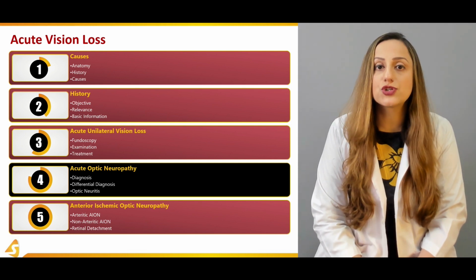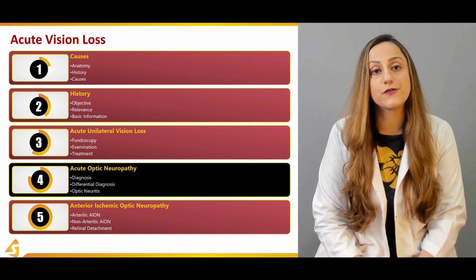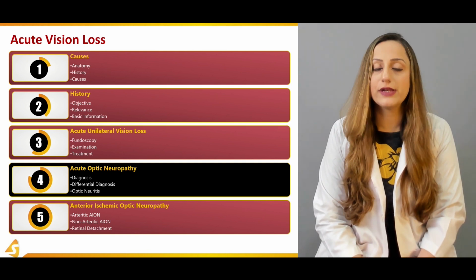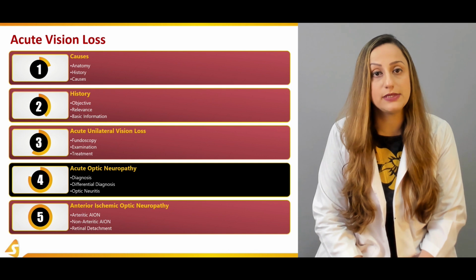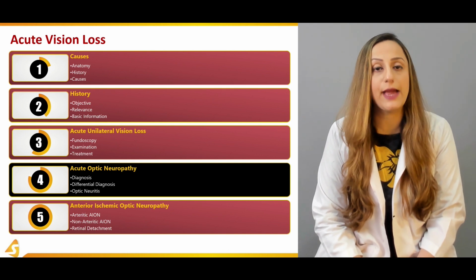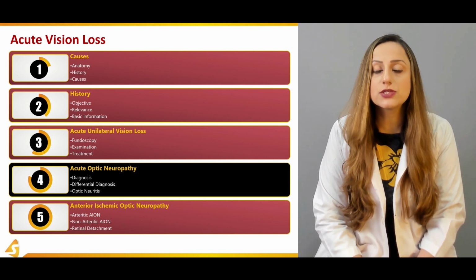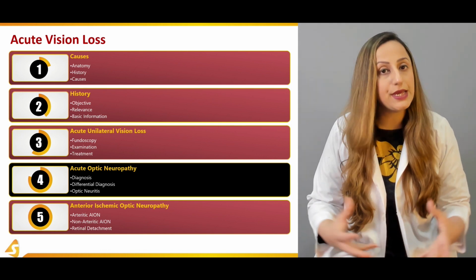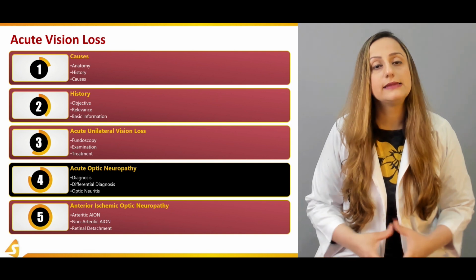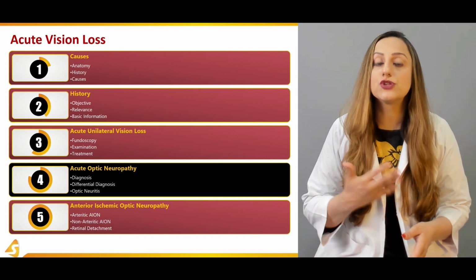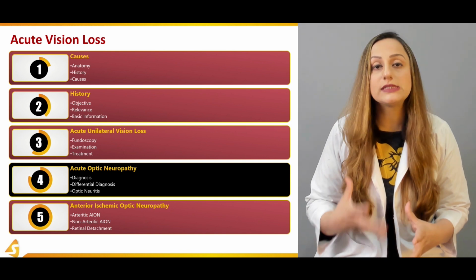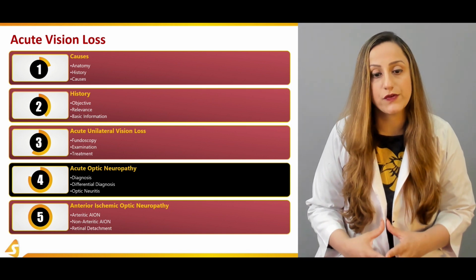The systemic history would include if the person is suffering from any sort of a chronic medical condition, for example, diabetes mellitus, hypertension, hypercholesterolemia, or any sort of an autoimmune disease, which can even relate to these optic neuropathies. Then again, the past surgical history or the history of any contact lens trauma is very important over here.